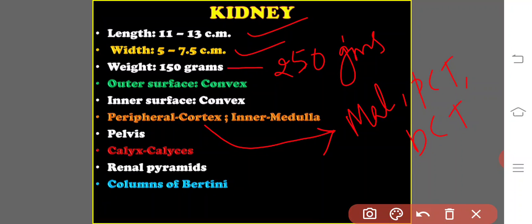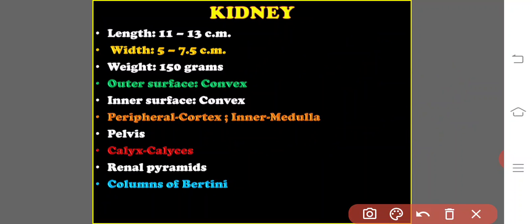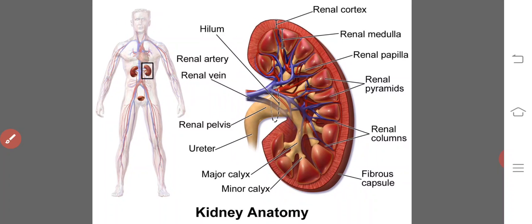See here, this is the entire kidney section, externally covered by the fibrous capsule. This is the cortical region, which contains Malpighian corpuscles and the PCT and DCT of the nephron.